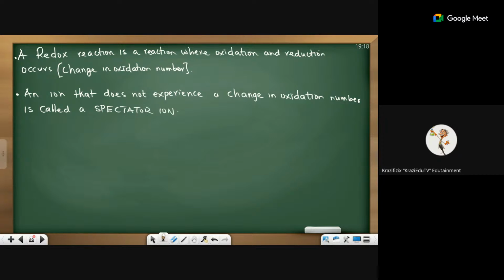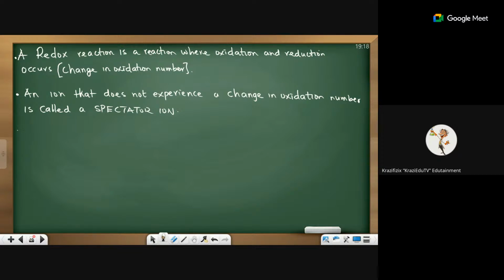You see, the oxidation number will not change. Those type of things are called spectators. They're just watching.